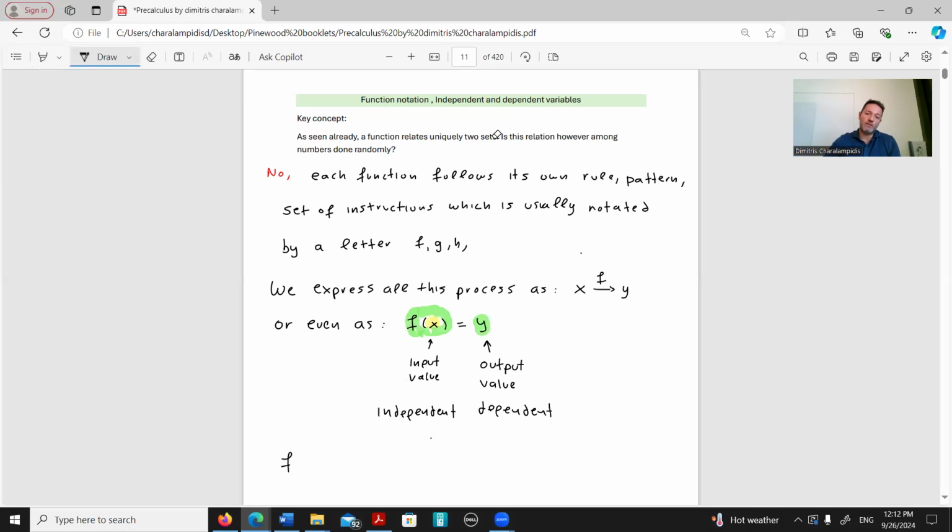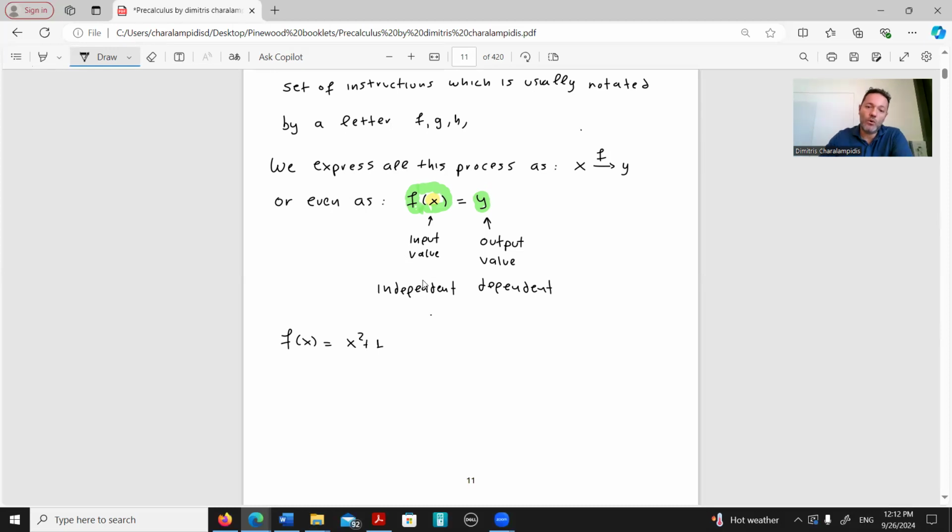And this set of instructions is basically the function notation. So when we see something like f of x equals, let's say, x squared plus 1, we should know that all the input values are of the form x. The output value, however, is the y, otherwise known as f of x, or x squared plus 1.